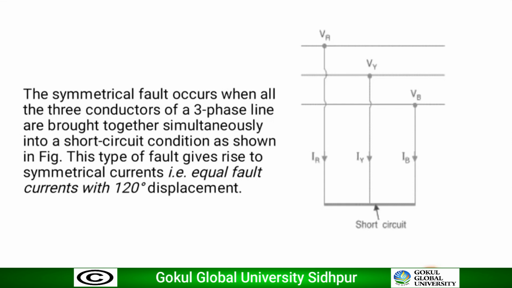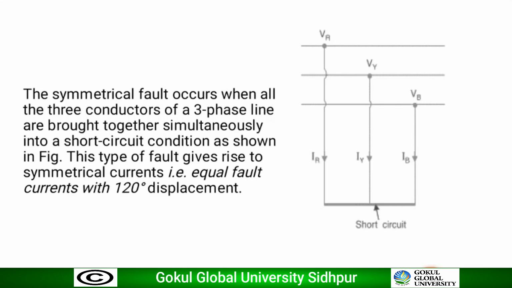Now, there are some points to be considered. The first point is that a symmetrical fault rarely occurs in practice, as the majority of faults are of an unsymmetrical nature.